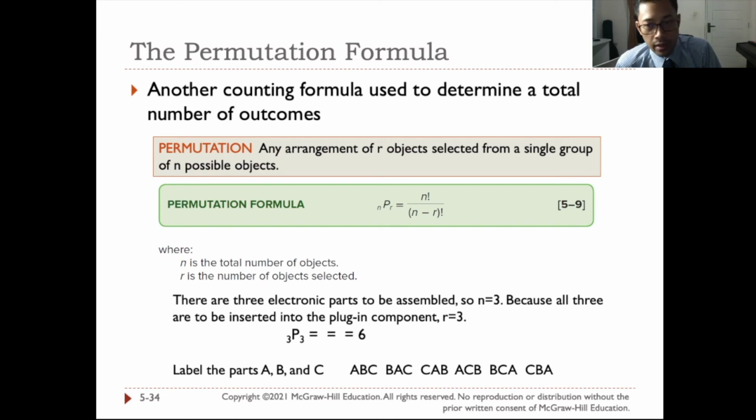That's something you have to remember: by definition, 0 factorial is equal to 1. So if you have 3 electronic parts to be assembled and 3 plug-in components, there are 6 possible arrangements: ABC, BAC, CAB, ACB, BCA, and CBA. And here the order of the parts is important.